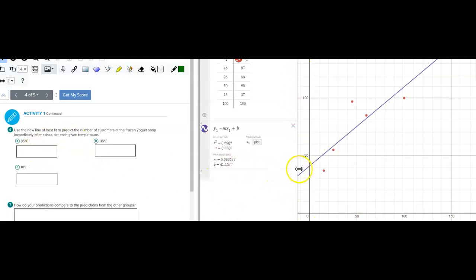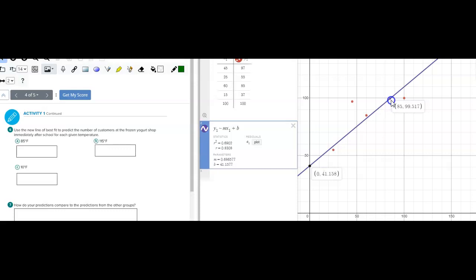So what you can do is put your cursor over the line and click and drag, and you'll be able to see the X and the Y. If you're looking for 85 degrees Fahrenheit, look at the left number, the X coordinate, and get as close to 85 as you can.